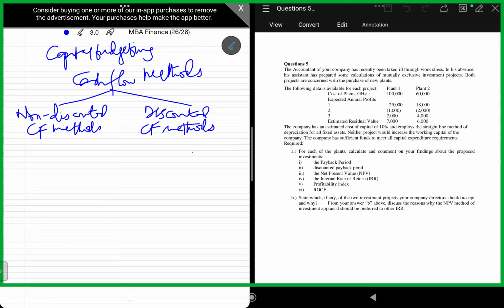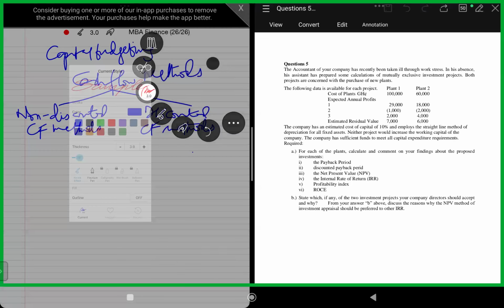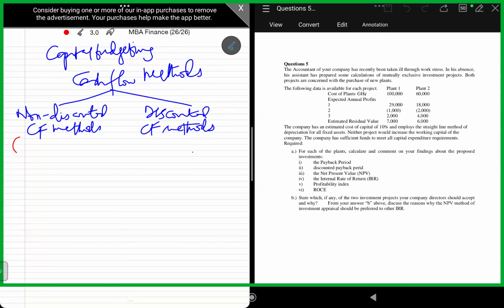The non-discounted cash flow methods don't make use of the discounting factor, but the discounted cash flow method makes use of the discount factor.